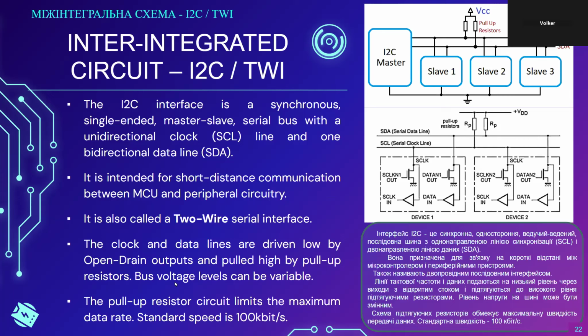I'm just going through my points here. It is intended for short distance communication between MCU and peripheral circuitry. I have to add to this that the I2C bus is the more likely bus to be used for a limited off-board configuration.